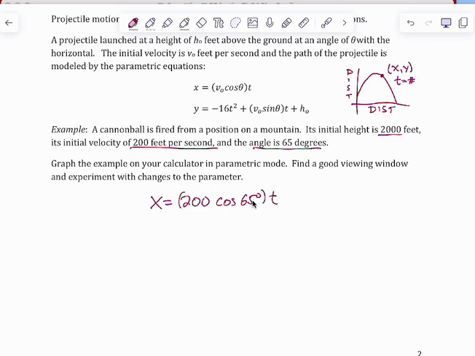And then you can put that times t, and then y equals -16t squared, that's always there, plus 200 sine 65 degrees times t plus original height, which is 2,000 in this problem.